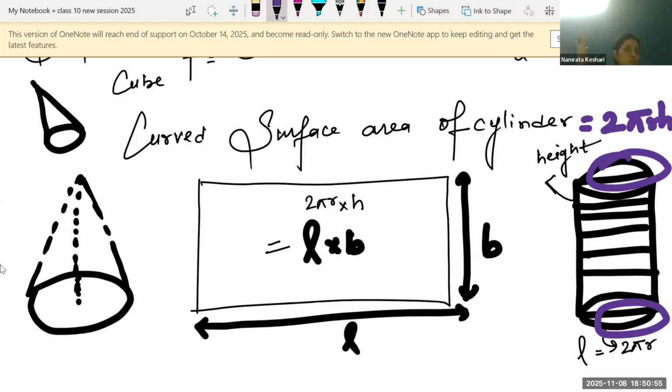So we will find there is a curved surface, a top surface, and a bottom surface. That's called the total surface area of the cylinder. And for total surface area, are you able to recall the formula was curved surface area plus 2 pi r square? Yes or no?